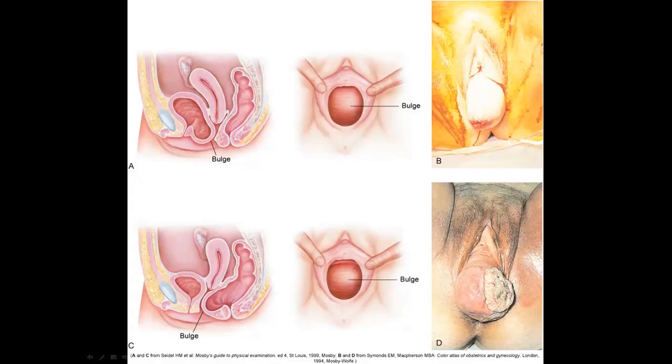At the bottom, we're seeing the same situation, except now look at the little bit of a difference. Instead of extruding from the bladder, now we're extruding from the rectum. So the rectum is extruding through. In our top picture here, here's the vaginal opening that's being highlighted.